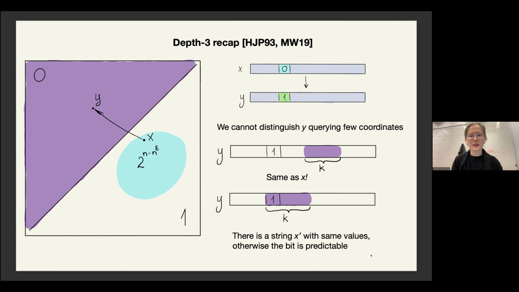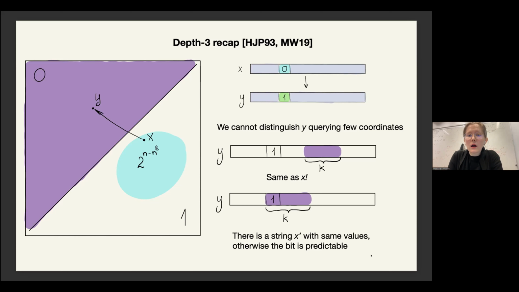Anyway, if this was too fast or too much, it's fine. But the idea is that using this unpredictability statement, I am able to get a k-limit by just flipping one bit in some string in the chunk of ones that we have. This is the most important thing about this slide.